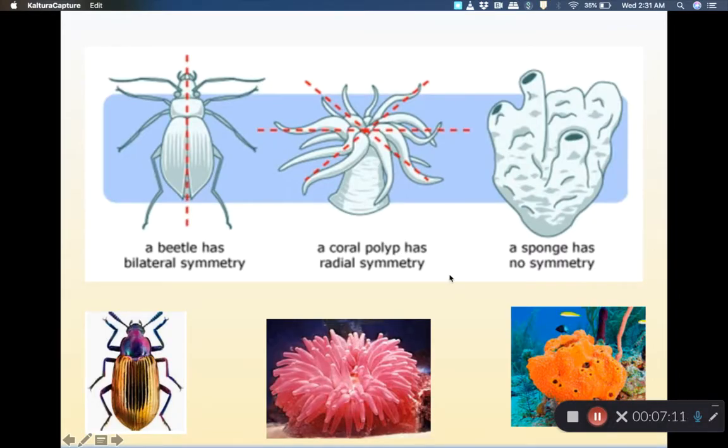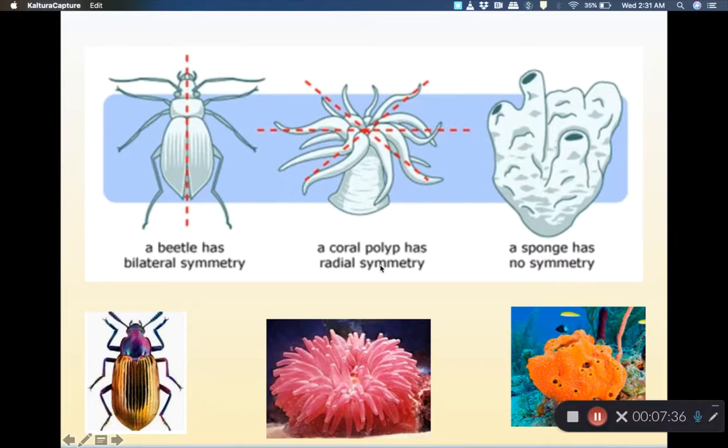The second broad way that we're going to start to think about how biologists classify different types of animals is looking at a concept called symmetry. At its most basic, we have sponges, and you can see that there's no symmetry in the body structure of a sponge.